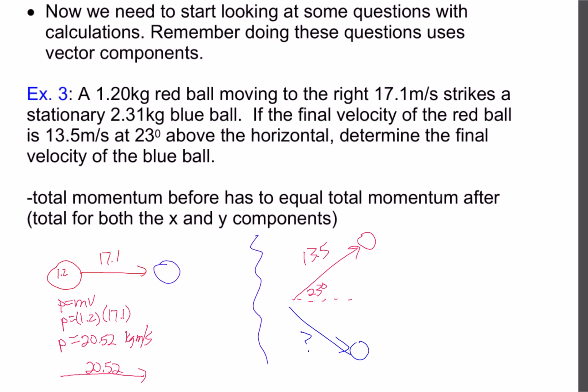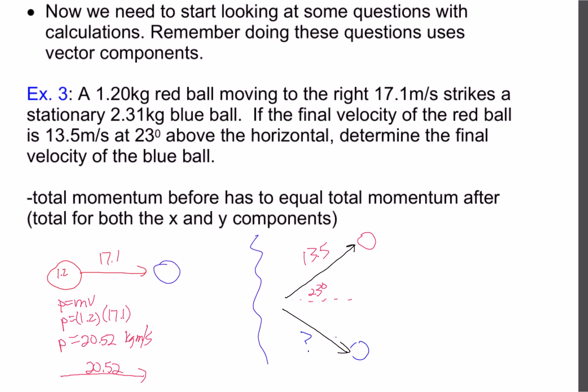Alright, so now the trick is, how do we connect that to the momentum afterwards? I'm going to erase these diagrams just so I can get colors. So this one was at some angle, and let's suppose our blue one is down at some sort of angle.